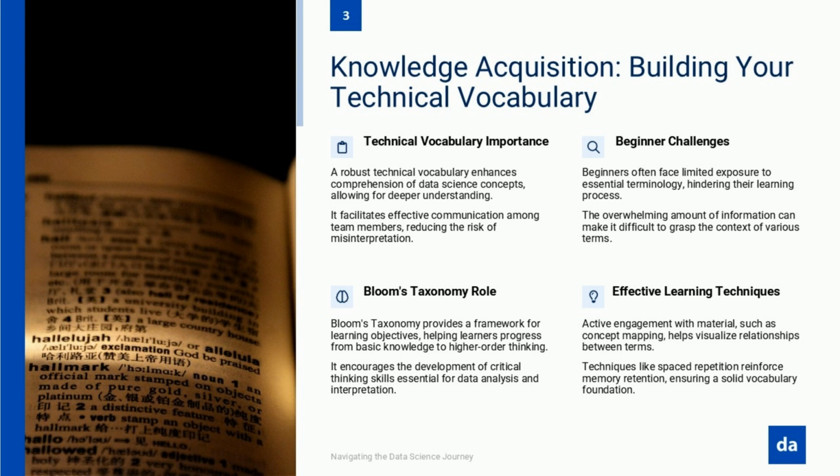Consider how essential terms form the foundation of data science communication. Algorithm isn't just a buzzword. It's a specific set of instructions that transforms inputs into outputs. Model represents a mathematical simplification of reality with particular assumptions and limitations.